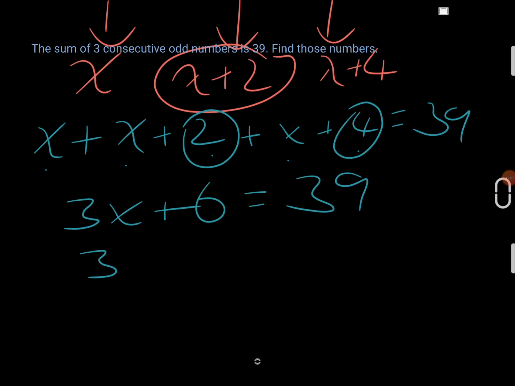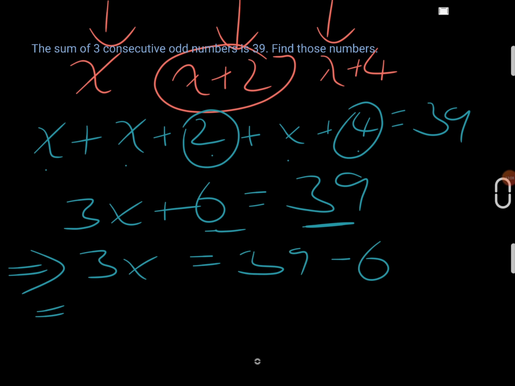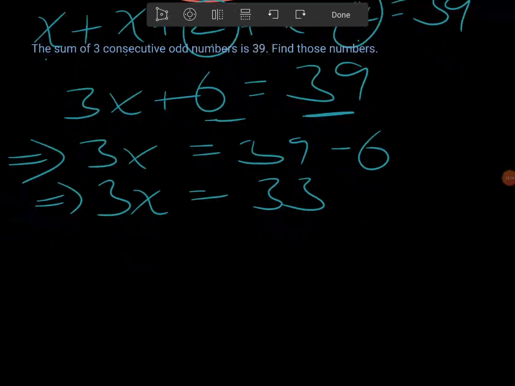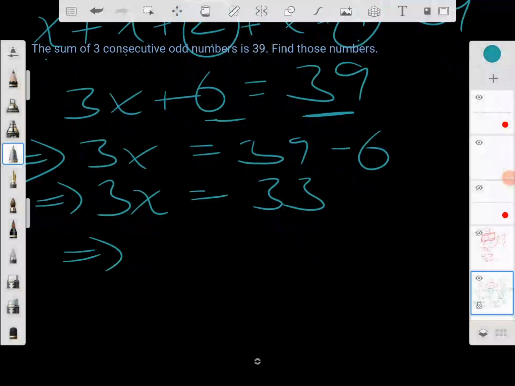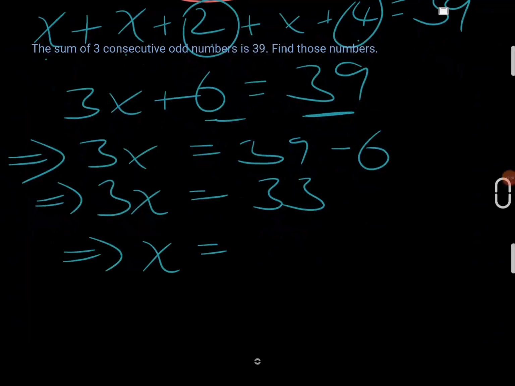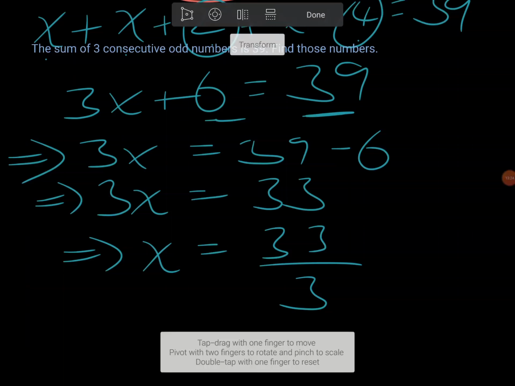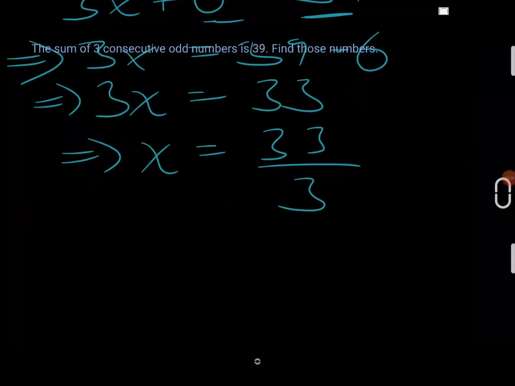That is 3x, which implies 3x is equal to 39 minus 6, which implies 3x is equal to 39 minus 6 is 33, and which implies x is equal to 33 divided by 3, and that implies x is equal to 11.